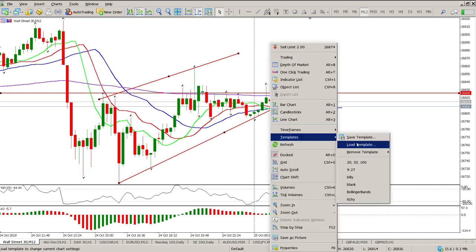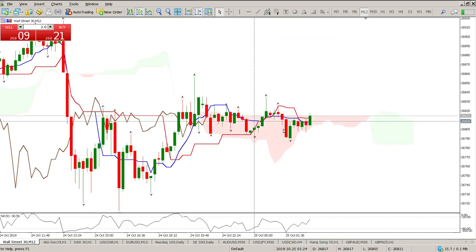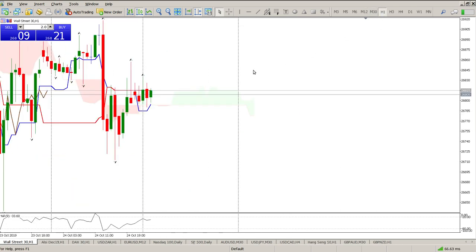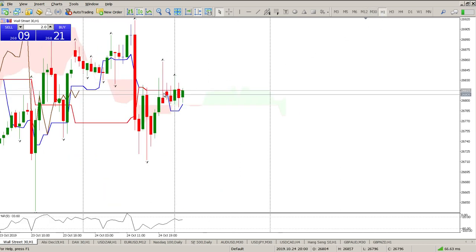Anyway, let's get to the Ichimoku here. And you can see on the 12-minute we are in the cloud, which basically is ranging. If you look here, we're still in a bearish view. Okay, so pretty much we got into that sort of the latter half of yesterday, and then we still are pretty much in the bearish view.